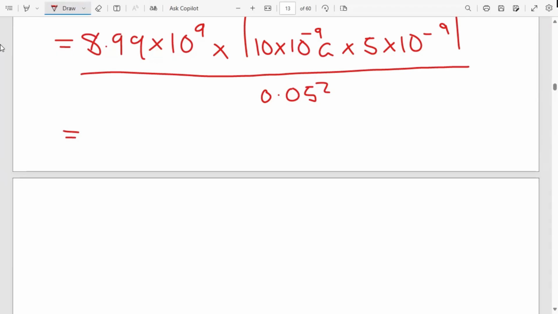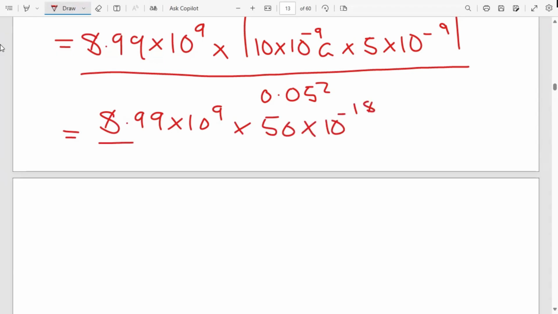Okay, so if I multiply what I have in my absolute values, I'm having 8.99 times 10 to the power 9 multiplied by 50 times 10 to the power minus 18 over 0.0025.